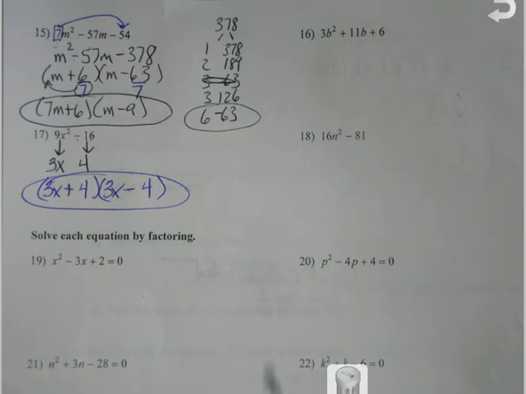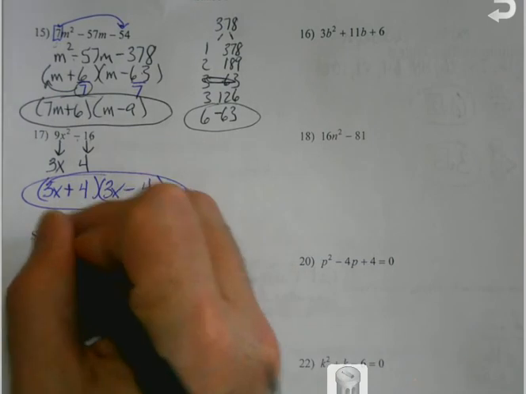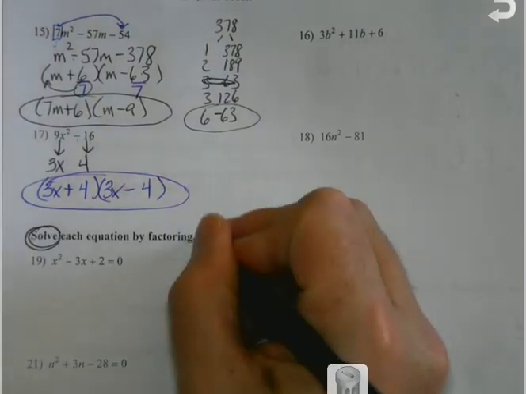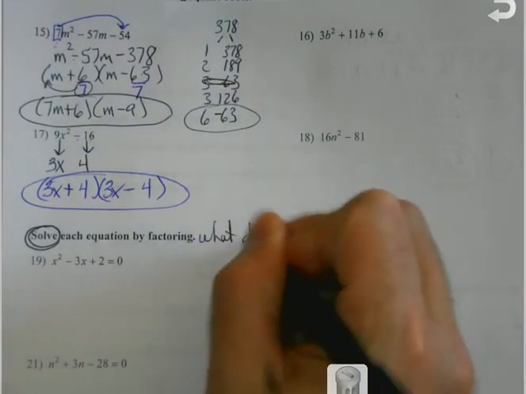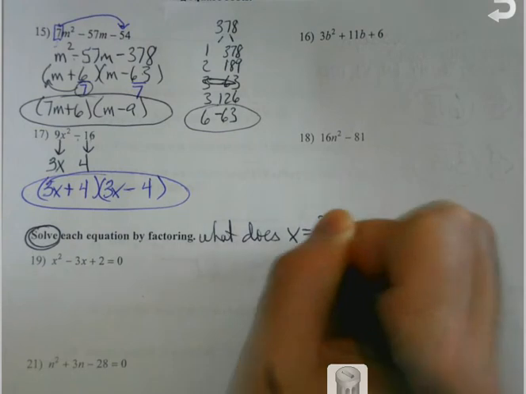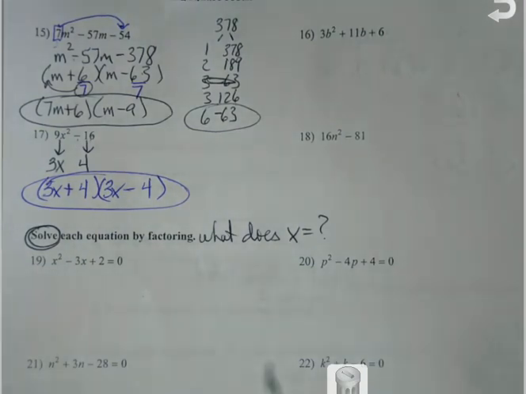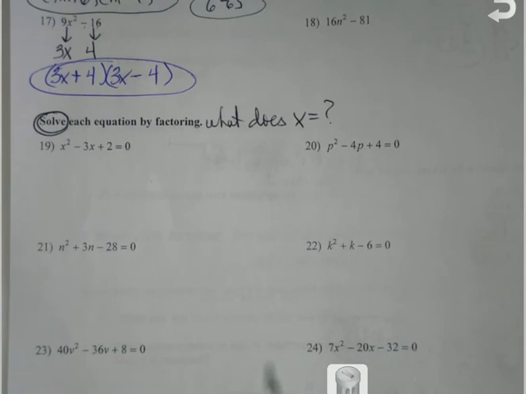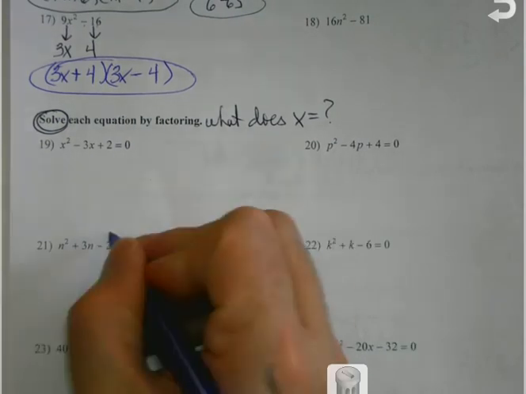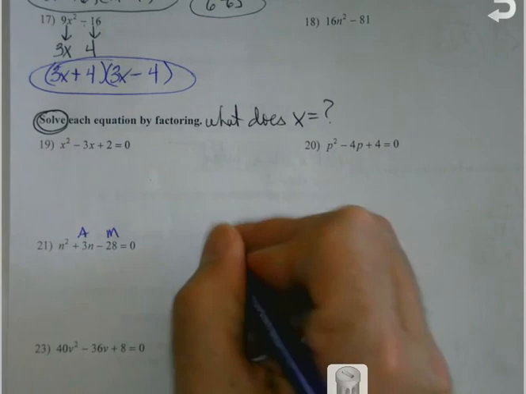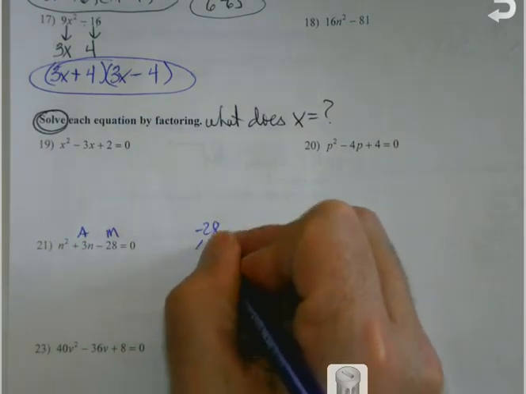And the only difference when we get below is when the word solve comes up, what does x equal? So when I get down here, I got to do my factoring still. So like if I get to 21, I still need to know what multiplies to negative 28.